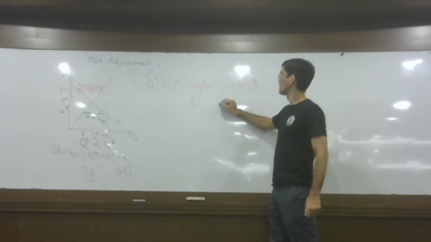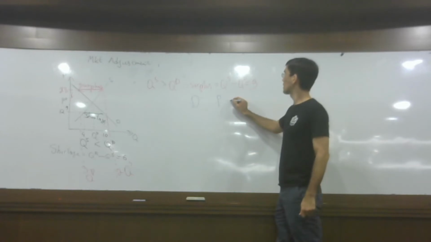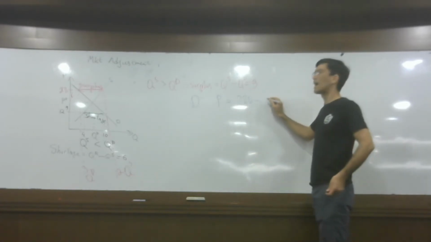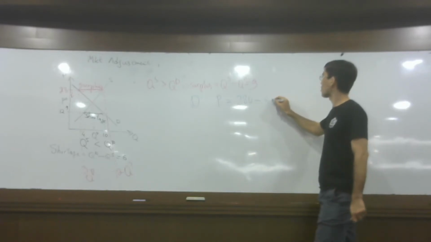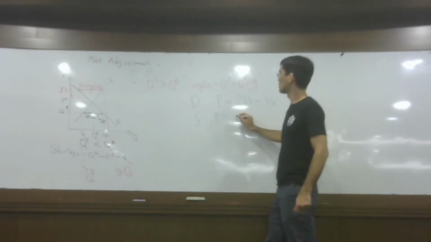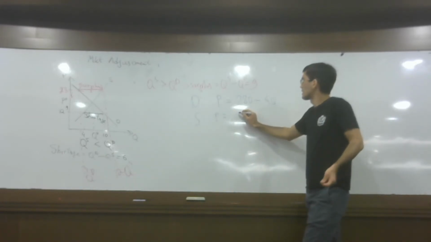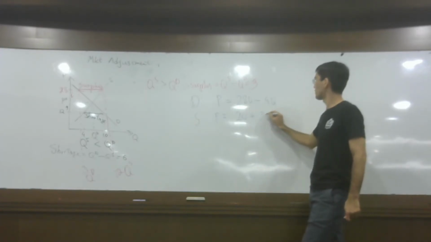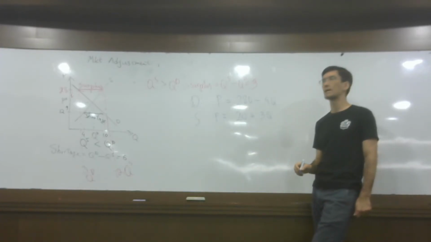So let's have another example. Demand has the following form: price equals, let's say, 280 minus 4Q. Supply: price equals, let's say, 20 plus 3Q.